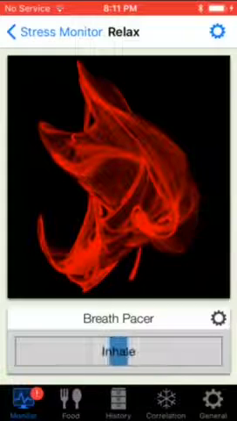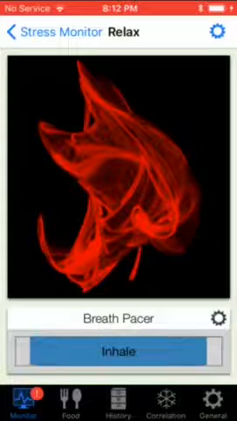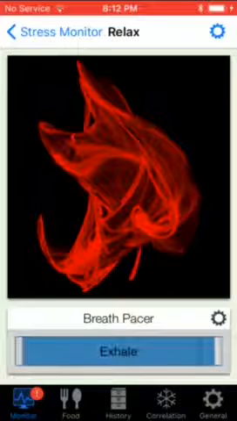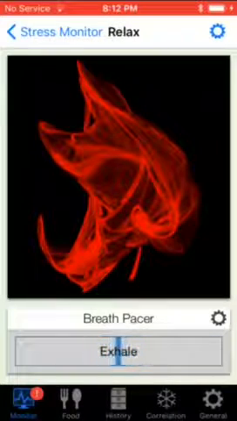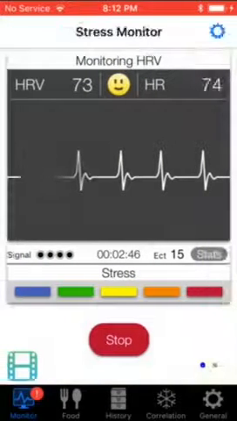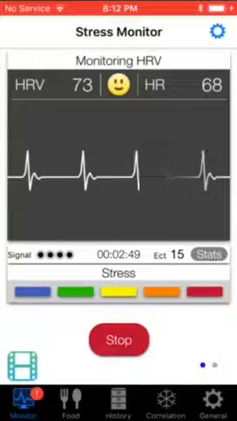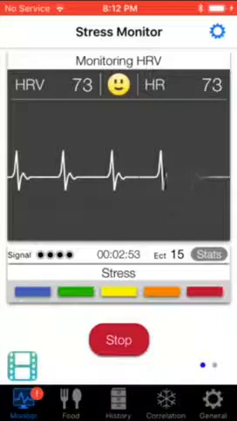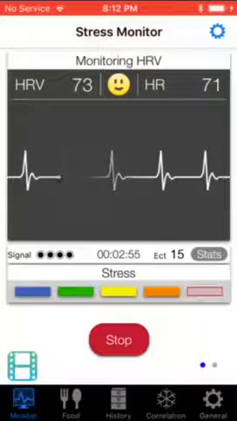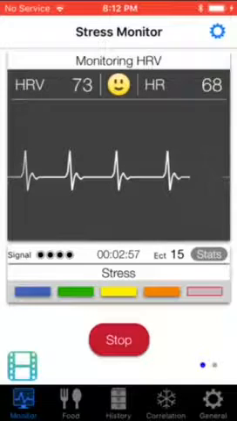It's also something that is very difficult to understand completely because there's different frequencies, high frequency, low frequency.